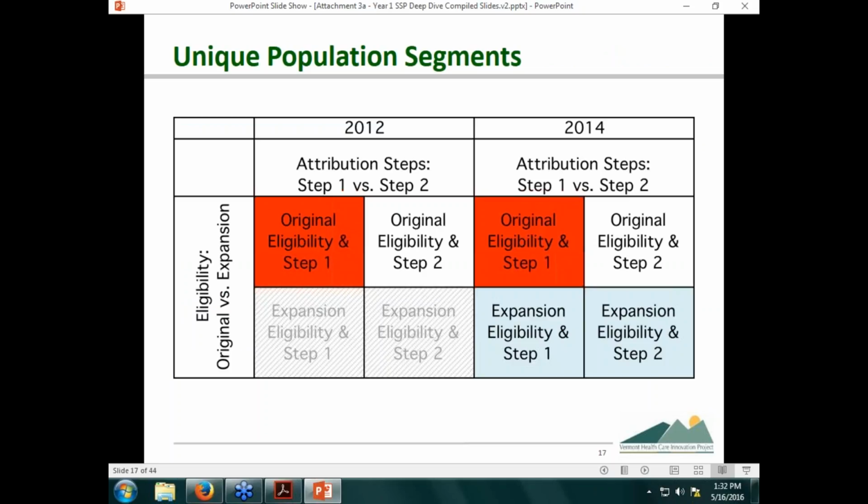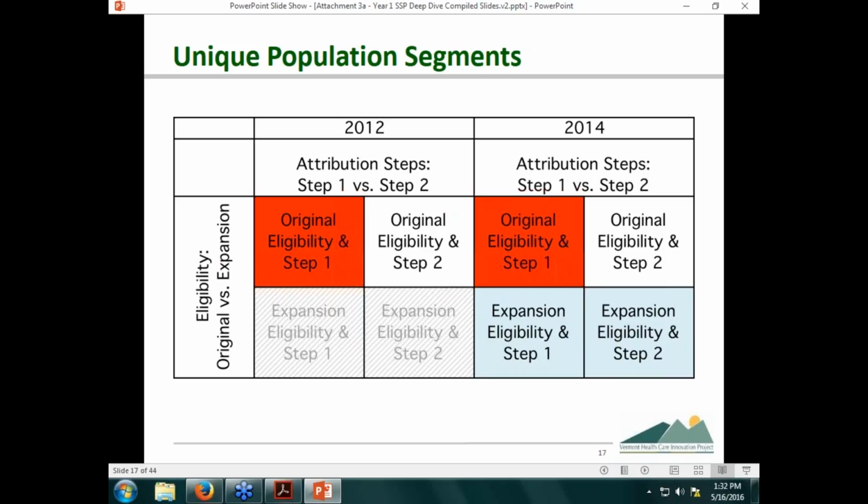So now if we combine those two things, we combine whether or not they were attributed based on actual utilization or based on their PCP of record, with whether or not folks had eligibility that preceded the 2014 expansion of Medicaid benefits, or whether they were newly eligible for Medicaid, you can see that we break it down into these 4 different groups that are helpful for looking at some more detailed comparisons.